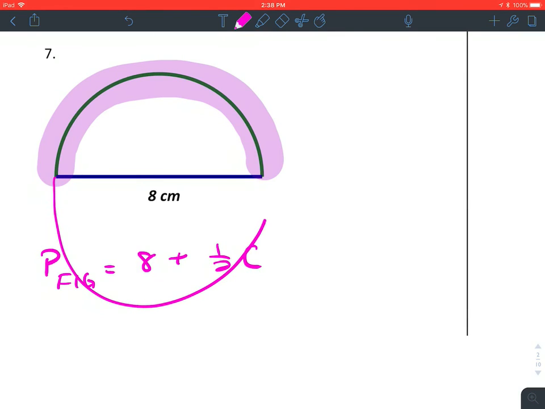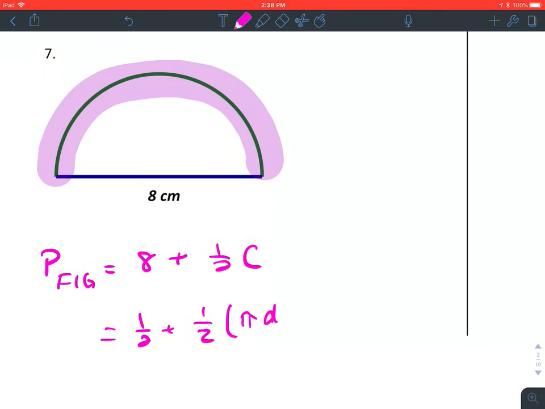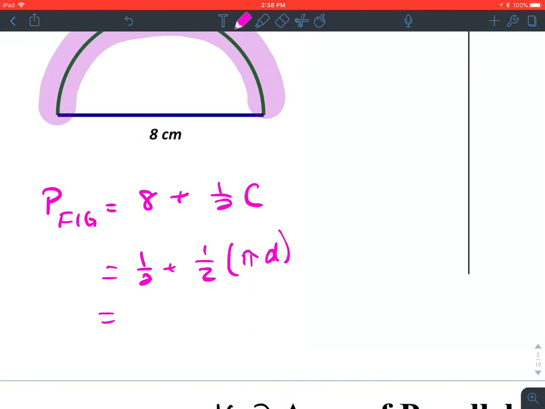A complete circle would be all of this down here. We just have half of it. Circumference of a circle is pi times diameter. We are told the diameter is 8. Therefore, this is going to be 8 plus 4 pi centimeters is the perimeter of this figure.